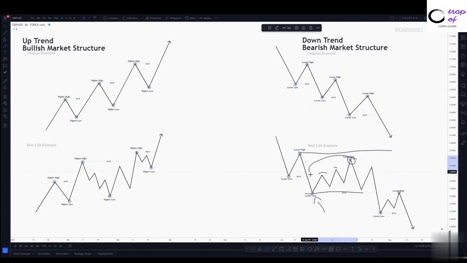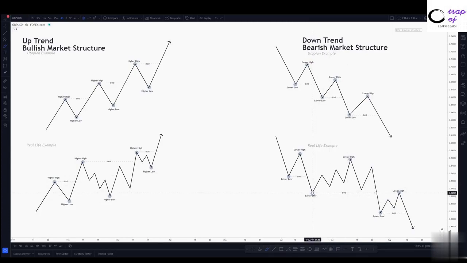Anything in the middle of this range, until this lower low is broken, confirming a new lower low, or if price breaks to the upside and starts to trend bullish, creating a higher high, is just caught within the range and hasn't actually proved any structural relevance, except for the fact that it is substructure, and on a lower time frame we can also look at the structure in that regard.